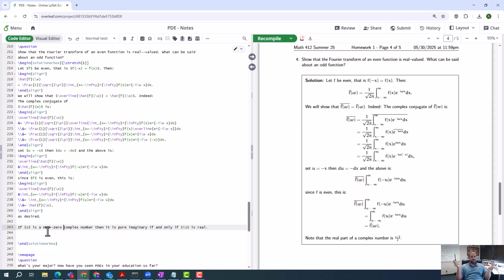So we want to show that i times z is real. Now I'm going to copy and paste a lot here. So we will show that this is real by showing it is equal to its conjugate.